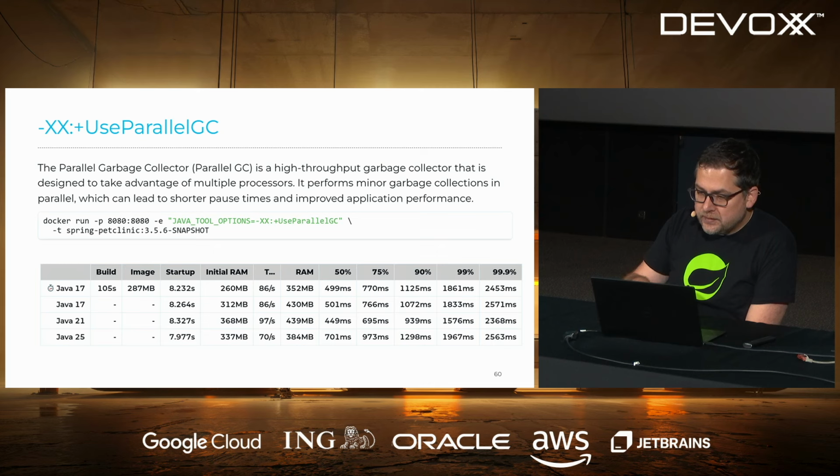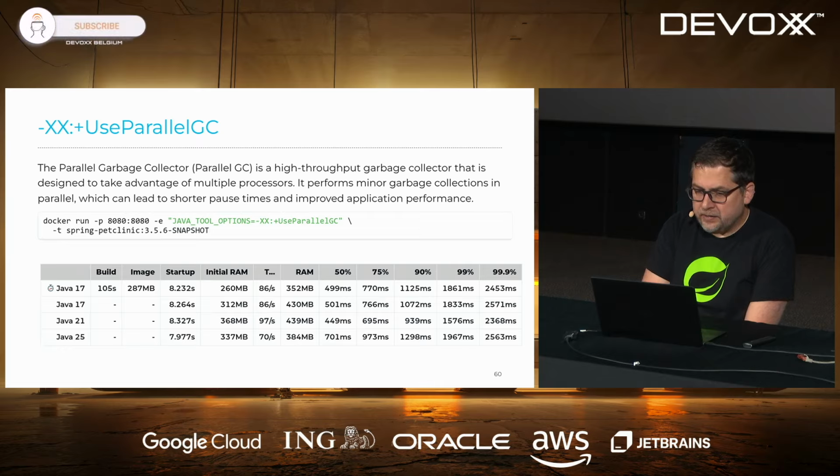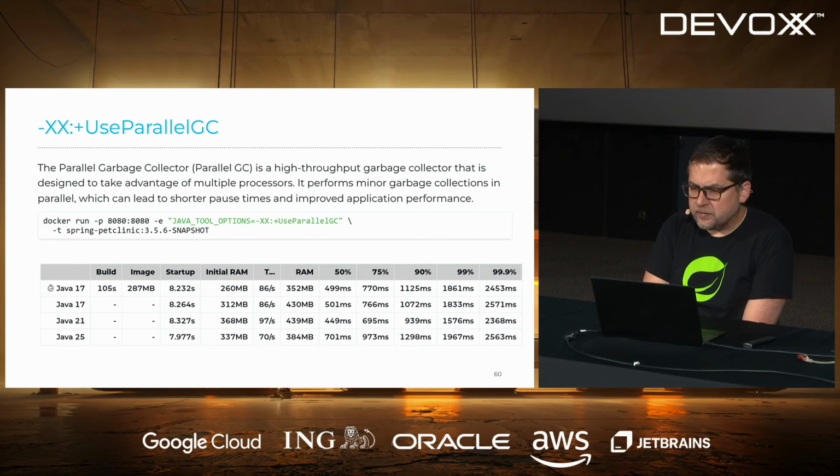I did so, and what you can see is that the numbers are more or less still in the same ballpark for my application, right? So I assume Java 21 got slightly better, but 17 is highly optimized. It's basically the same. And for Java 25, we would have to compare it against the same numbers, but I think Java 25 is just starting up faster compared to before, but throughput is not really better.